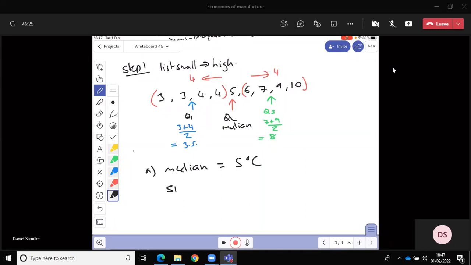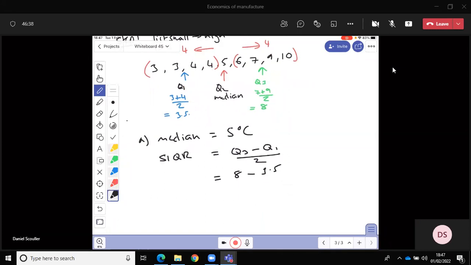The semi-interquartile range is Q3 minus Q1 over 2. So that's 8 minus Q1, which is 3.5, over 2. So that's 4.5 over 2, which is 2.25. Now on its own, 2.25 doesn't mean anything to you. But we use that to compare against other data ranges.